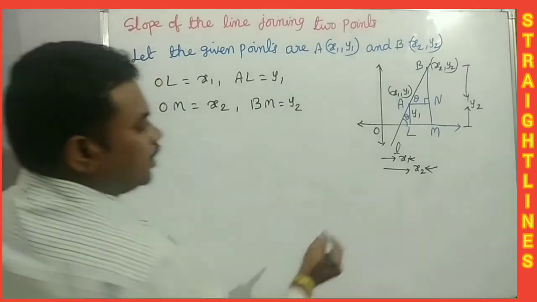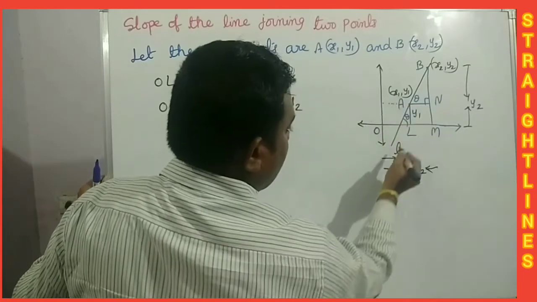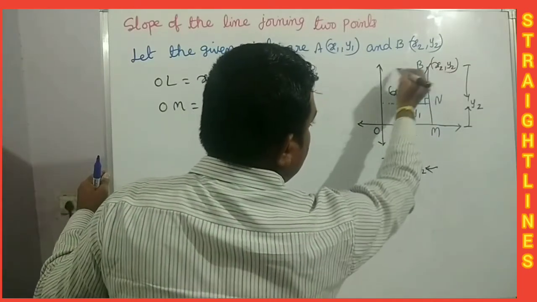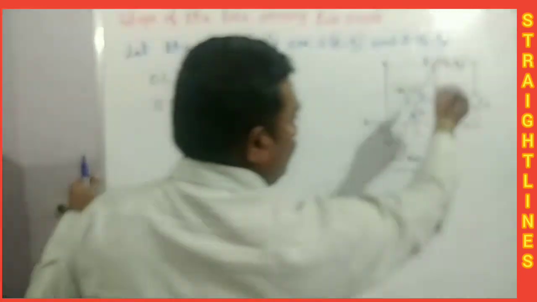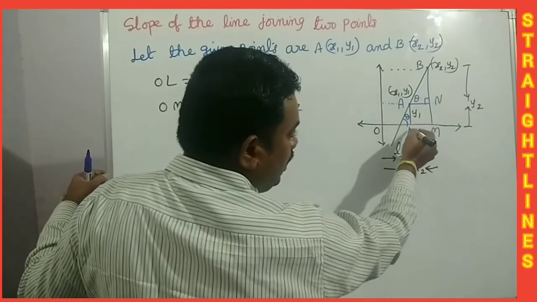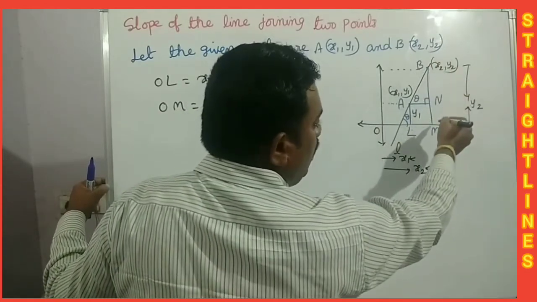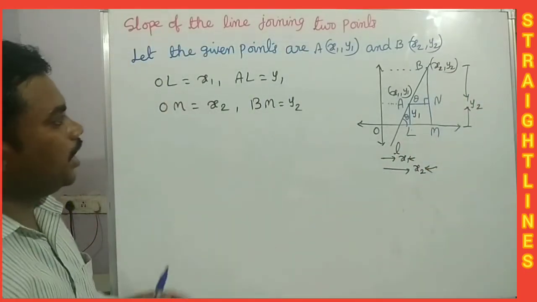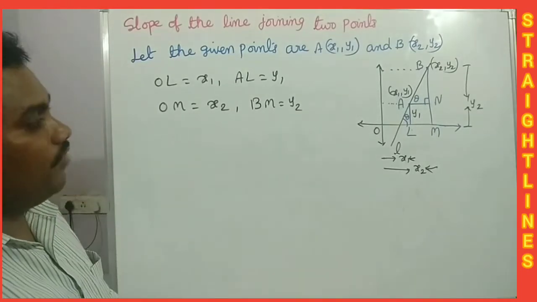Just observe here, the distance from A to the y-axis is x1. So it is OL equal to x1. The distance from B to the y-axis is x2. The distance from A to the x-axis is y1. The distance from B to the x-axis is y2. So it is OL equal to x1, AL equal to y1, OM equal to x2, BM equal to y2.